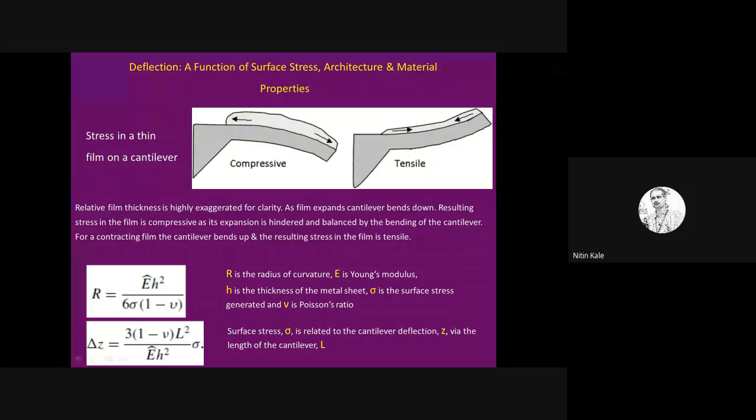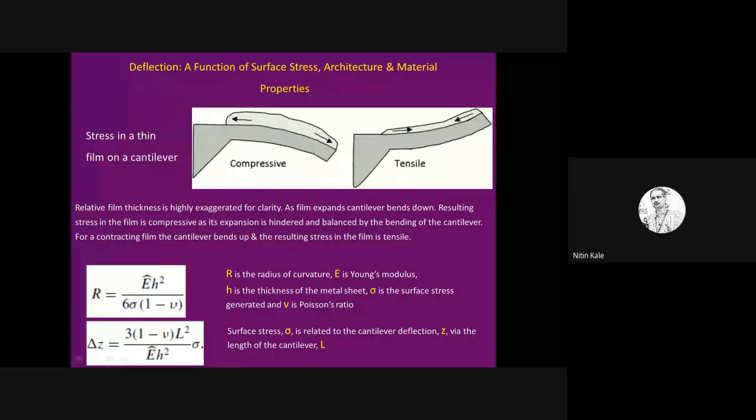Similarly, this deflection is again a function of the material properties, let's say the Poisson ratio, and the length, for example, which is a geometrical parameter, and it is proportional to the surface stress. So if you know the deflection and you know all these properties of your device, then you can know the surface stress because of the antigen-antibody interaction.